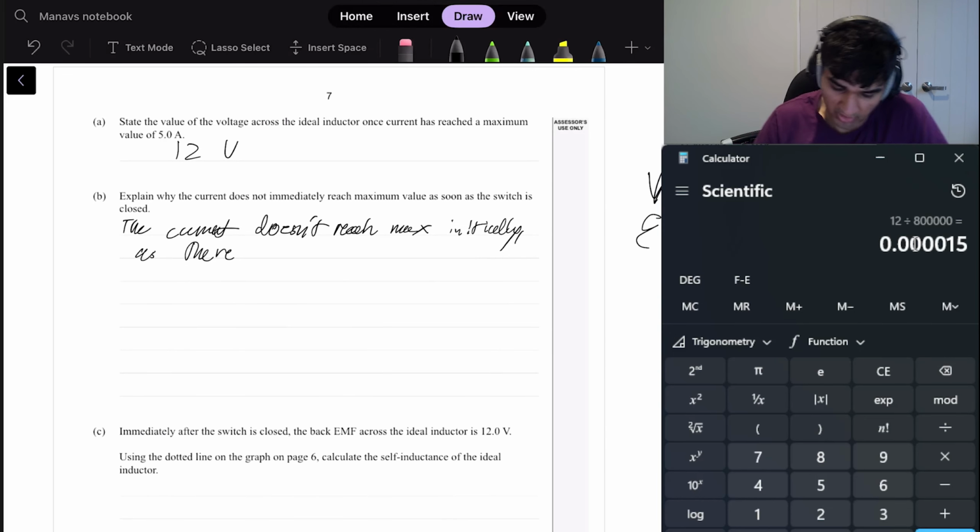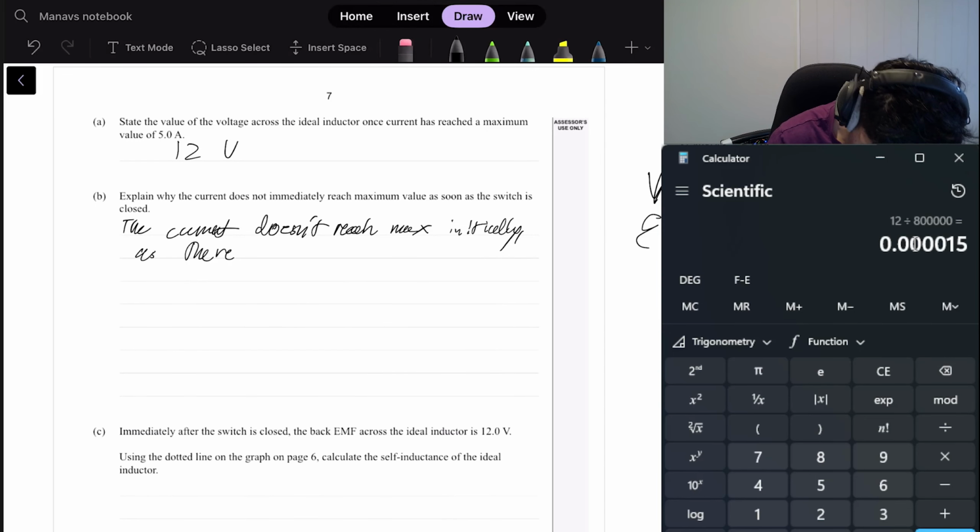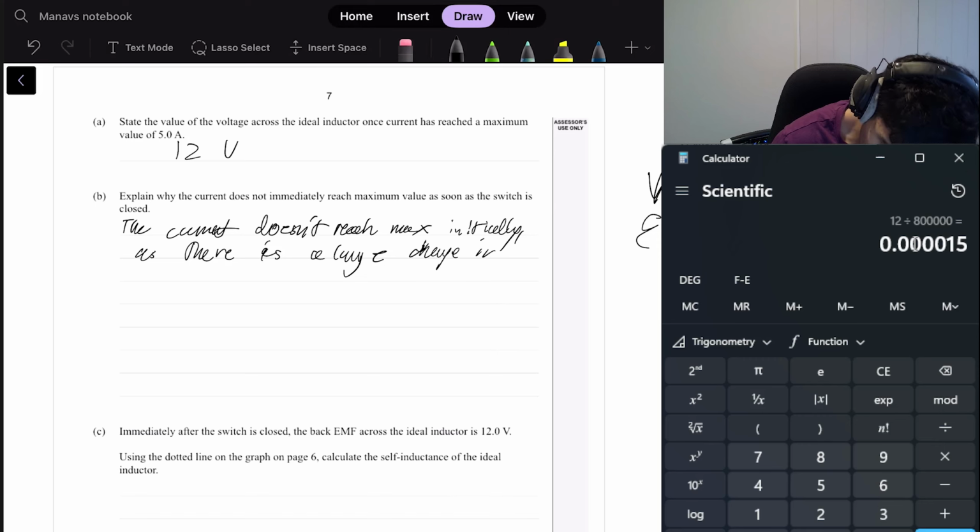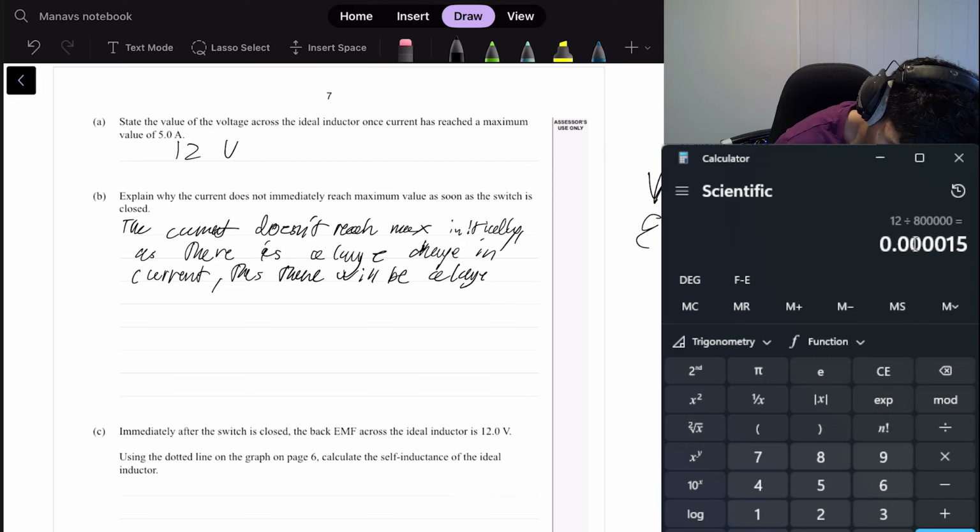So pretty much the current doesn't reach maximum initially as there is a large change in current, thus there will be a large change in magnetic flux.